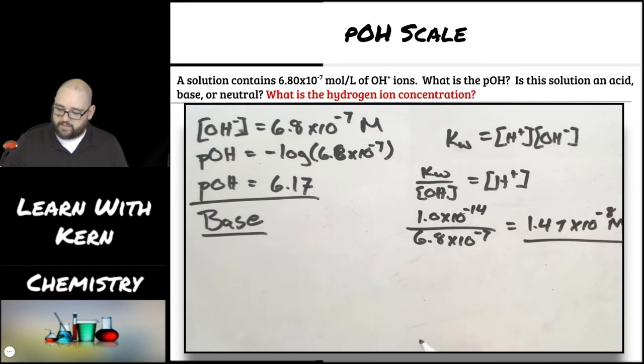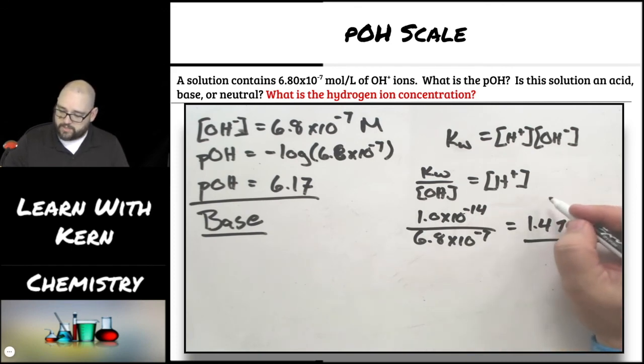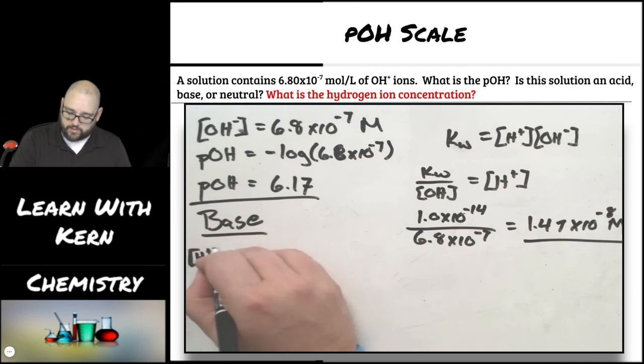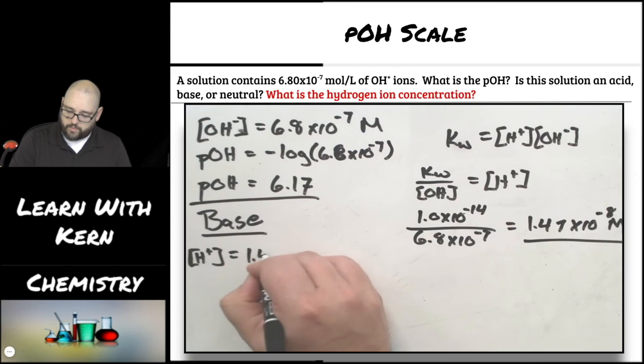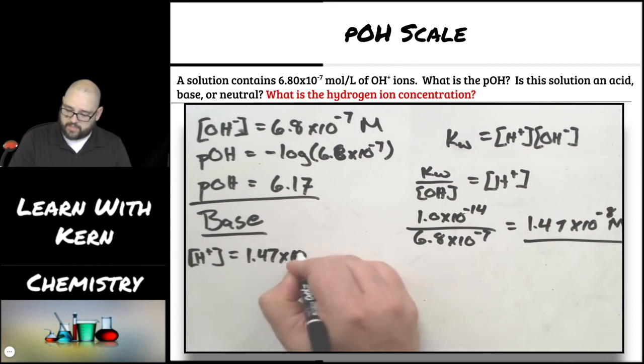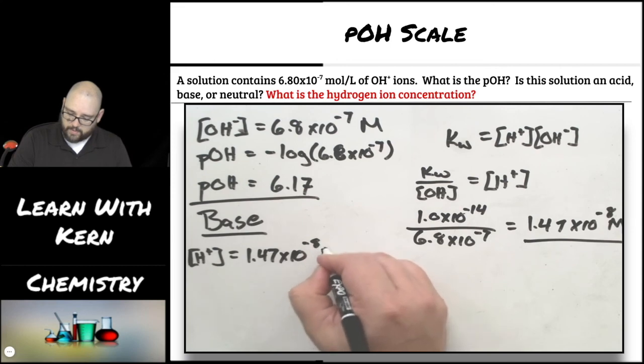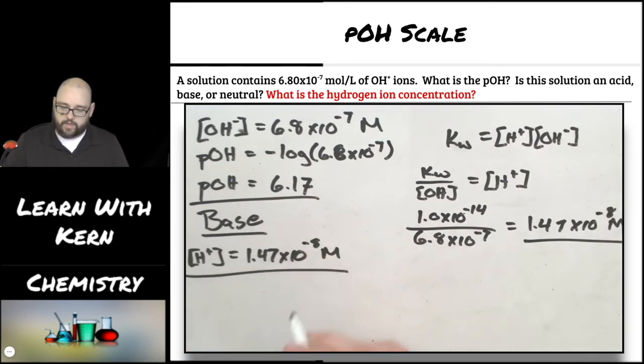So that is my H plus concentration. I'm going to go ahead and write it over here. So my H plus concentration is 1.47 times 10 to the negative 8th molar.